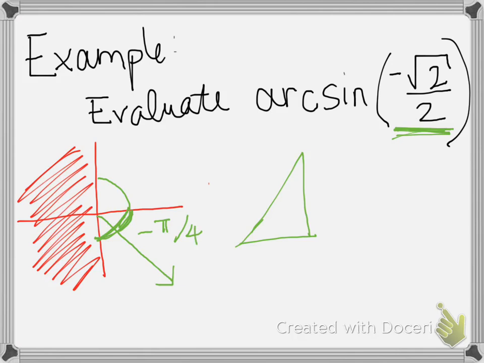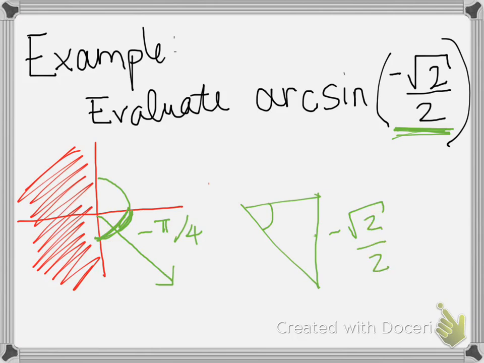That's because when I have this angle of negative π/4, if I take sine, I get negative square root of 2 over 2. So my arcsin, the answer, is negative π/4.